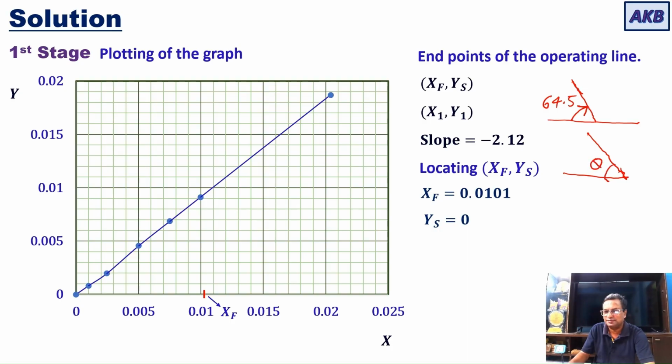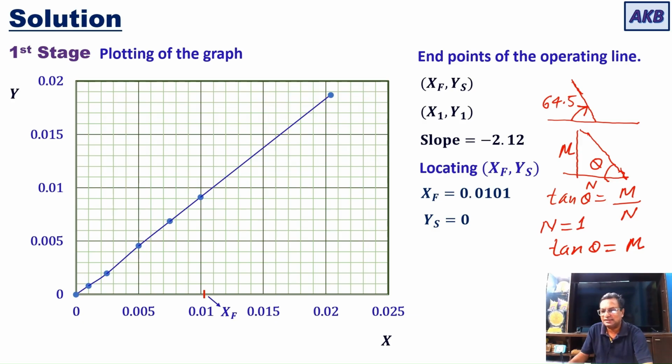Let me call it theta, and this is the right angle triangle. In this right angle triangle, let this side be M and let this side be N. So tan theta will be equal to M upon N. And if I make N equal to 1, then tan theta will be equal to M. That is, the slope is equal to M. So I will use this approach to plot the operating line.